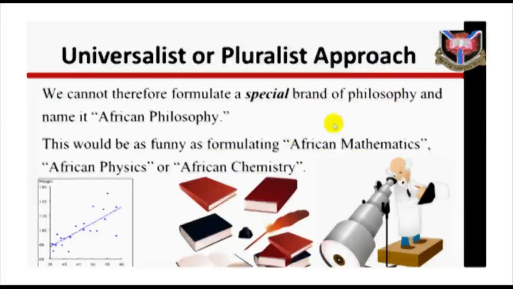Apart from this, Africans are simply human beings with the same biological makeup as other humans. So human problems are African problems, and African problems are human problems. There is no pure African or unique African situation or problem.